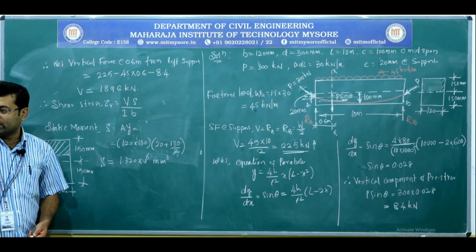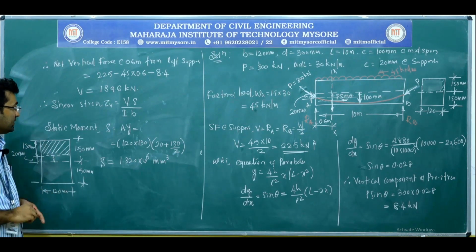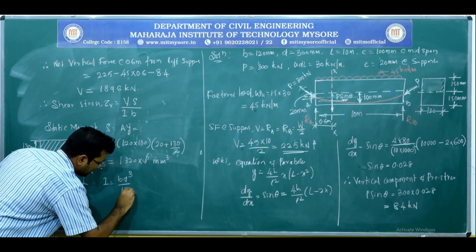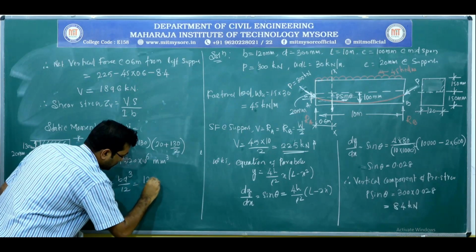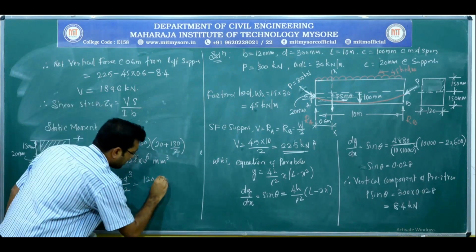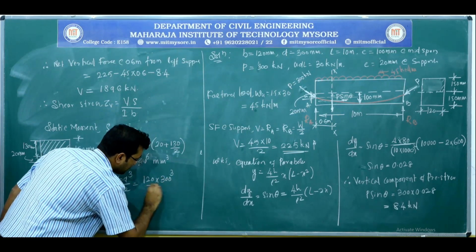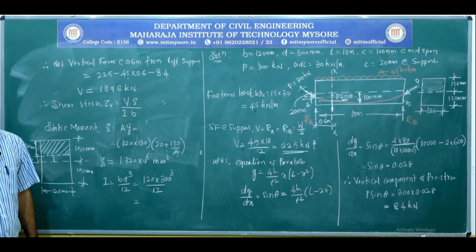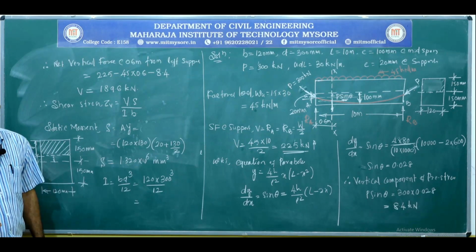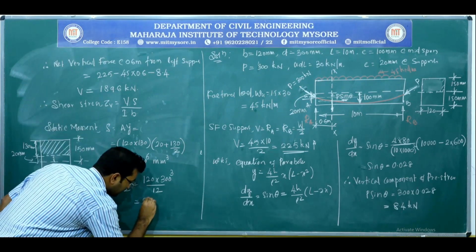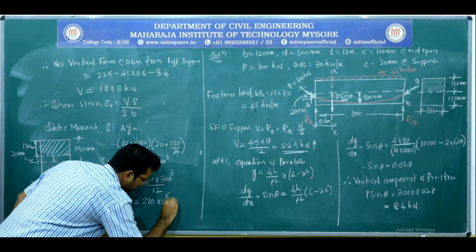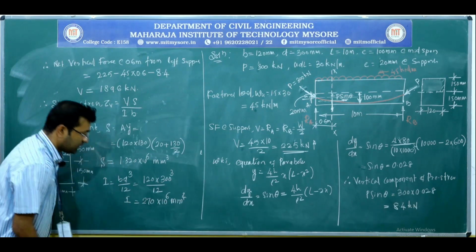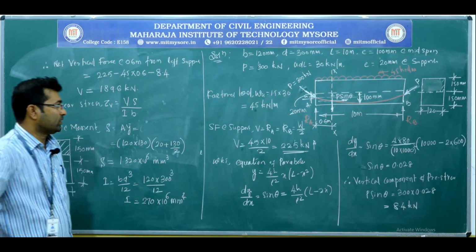Okay. Next we need the moment of inertia, it is bd cube by 12. So b is 120, depth is 300. So it is 120 into 300 cube by 12. The I value is about 270 into 10 to the power 6 millimeter to the 4. We know b is 120.